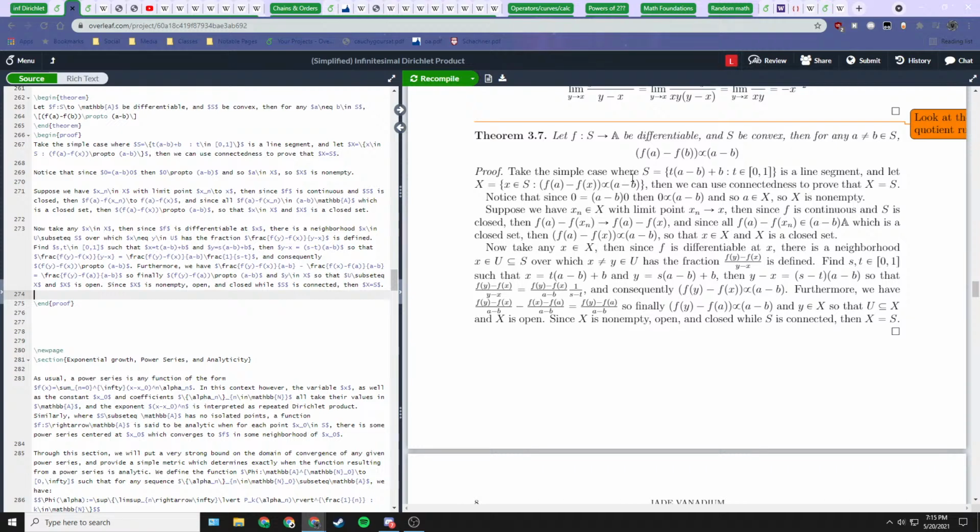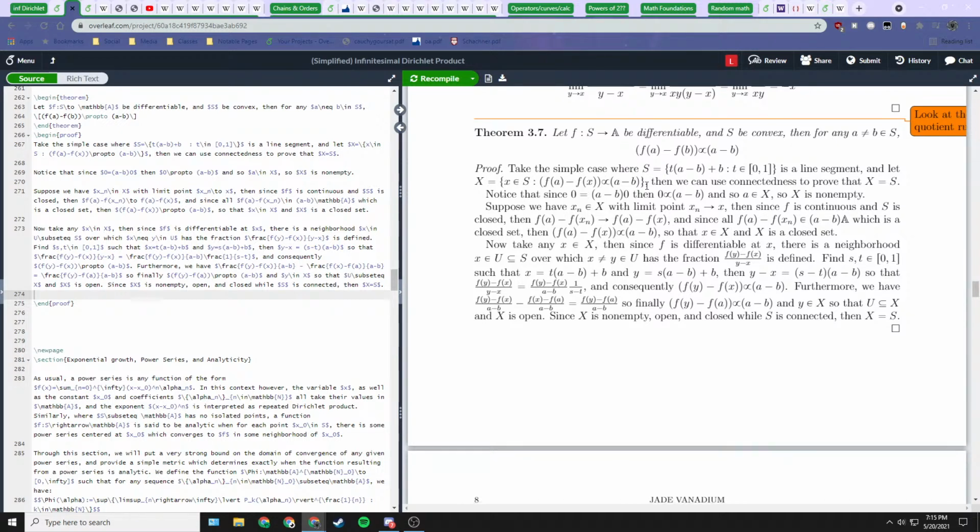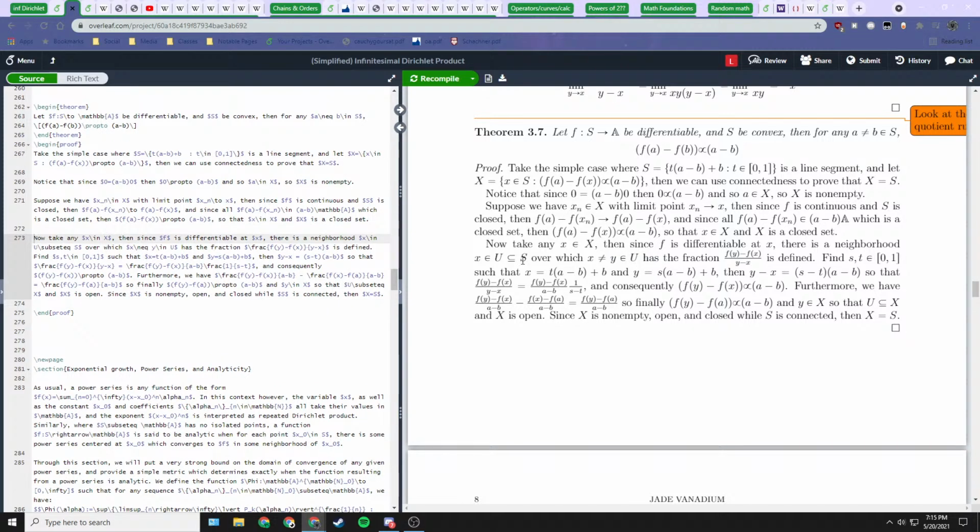Here we're using the topology of S, the subspace topology. So X is open in S, and it's closed in S. And it's non-empty, because it has 0 as a point. So X equals S.